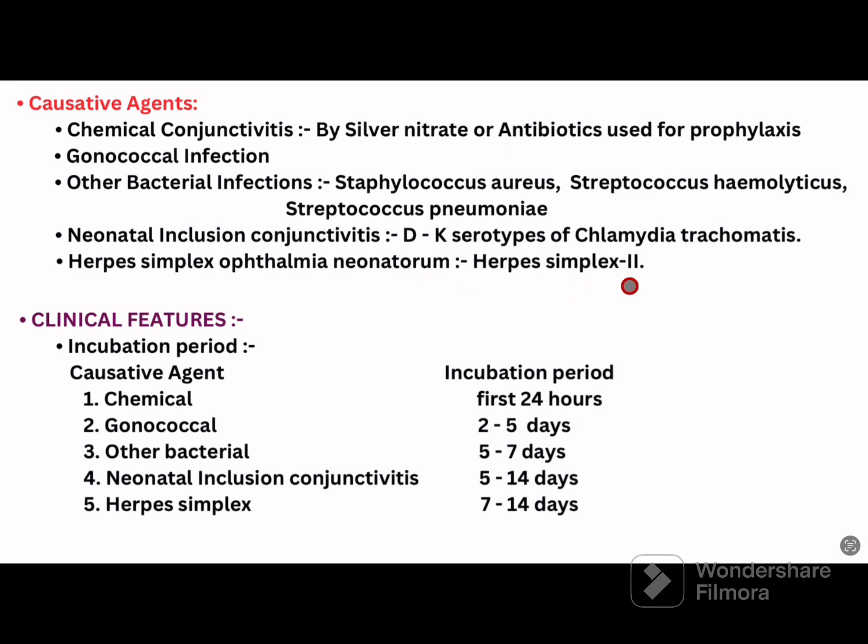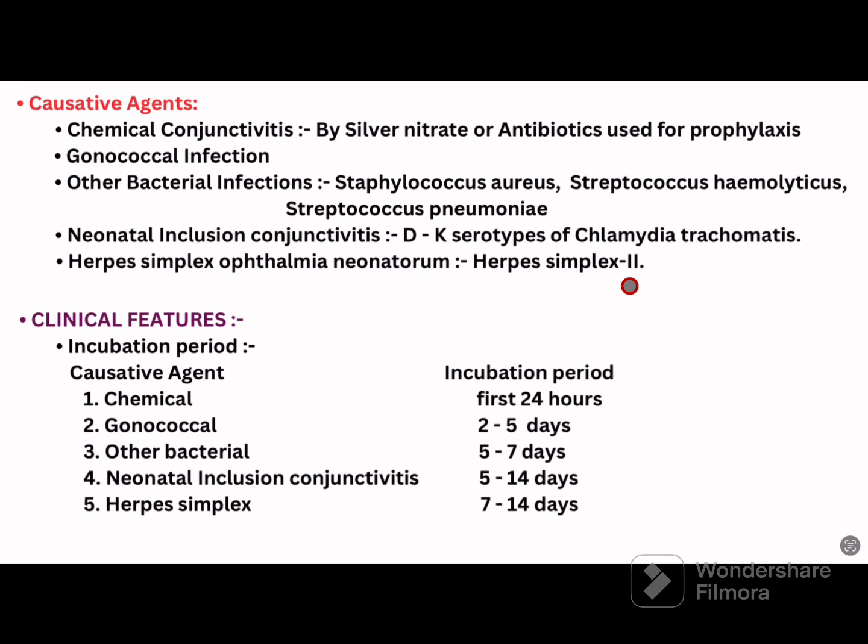Okay. So, herpes simplex, if you remember from your microbiology, herpes simplex 1 is responsible for above the waist infections and herpes simplex 2 is below the waist. So, when the mother is having a vaginal infection of herpes simplex 2, this is vertically transmitted to the fetus and herpes simplex 2 will cause ophthalmia neonatorum in the newborn.